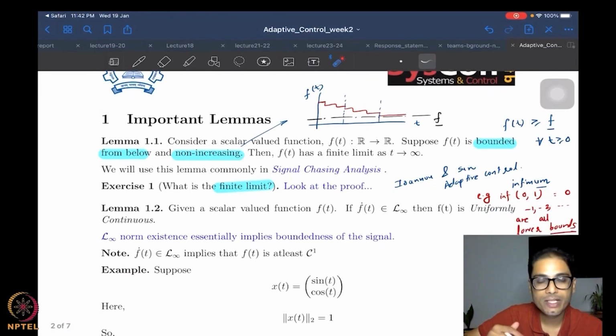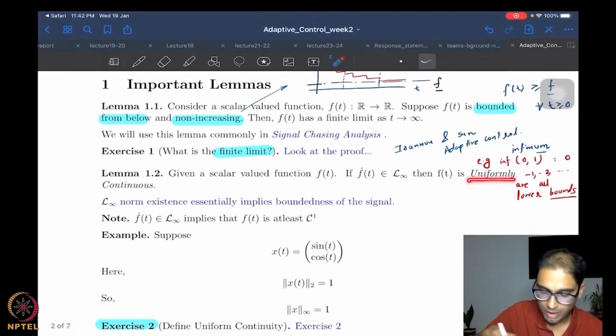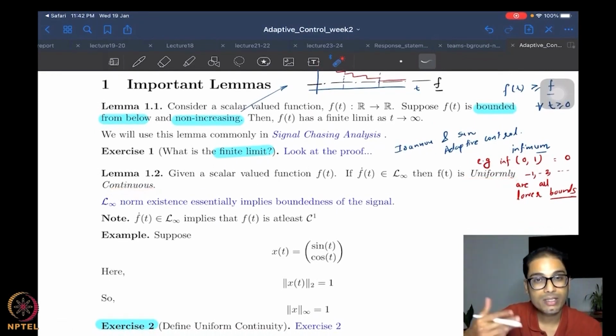Of course, you have very specific epsilon delta definitions, which say that continuity implies that for a small change in the argument, the function value does not have very dramatic changes. That's what it means for a function to be continuous. Uniform continuity is a further specialization of this notion.